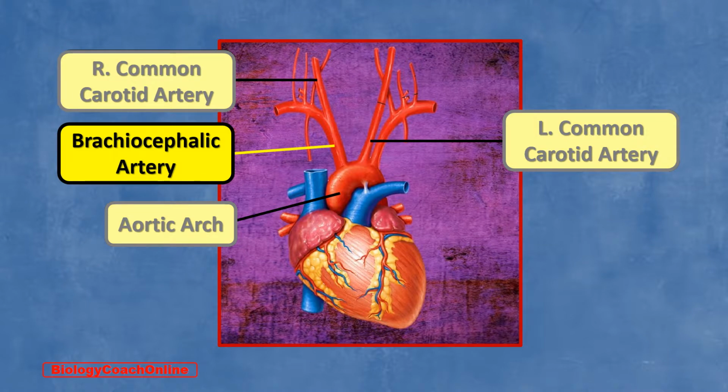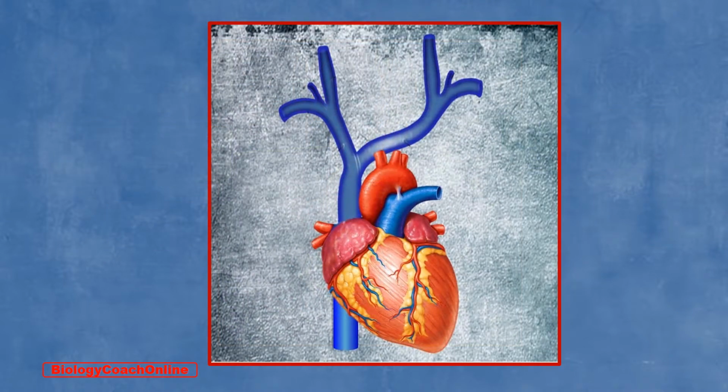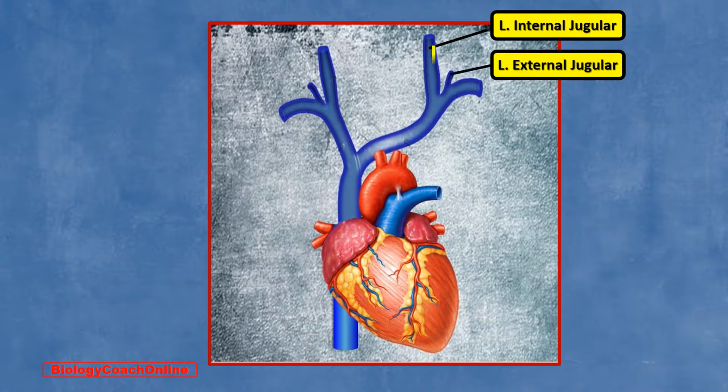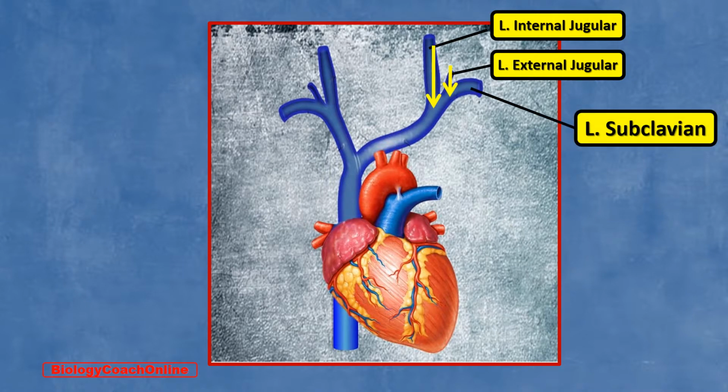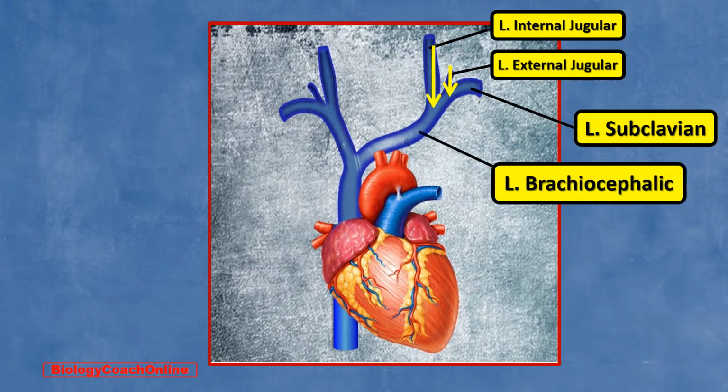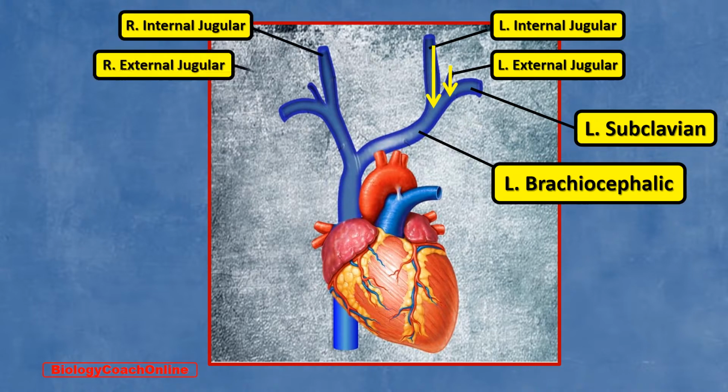So the situation on the venous circulation side is very similar. That is, both the internal and external jugular veins drain into this vessel. This is the subclavian vein, so named because it travels under the collarbone or clavicle. Now the subclavian vein then drains into the brachiocephalic vein right here. So this arrangement is the same for both left and right sides.